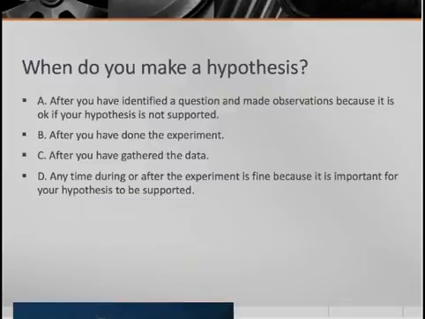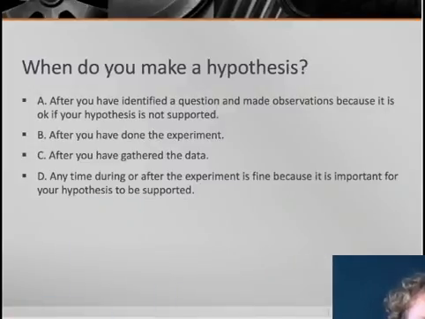Well, most scientists do the steps in order, but a lot of people also just don't do all of the scientific method steps in order. Usually, though, people go into an experiment with a hypothesis. So they ask some questions, maybe they made some initial observations or collected a little bit of data that helps them make a hypothesis, and then they go do their experiment and collect more data.